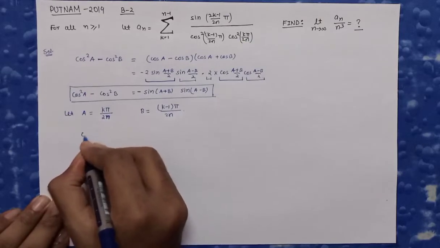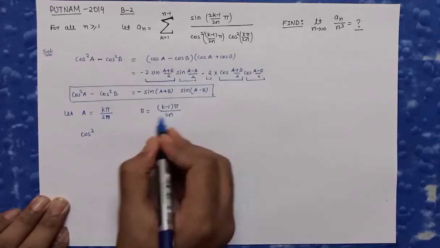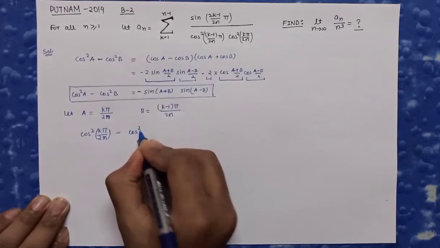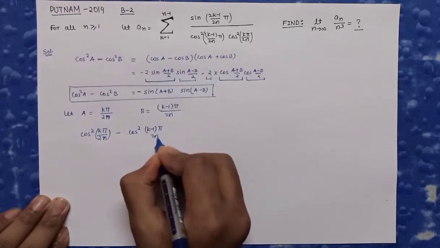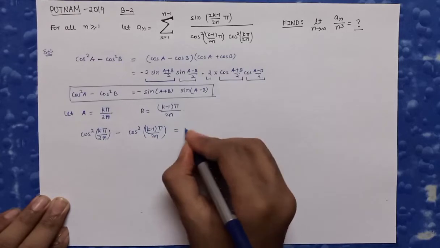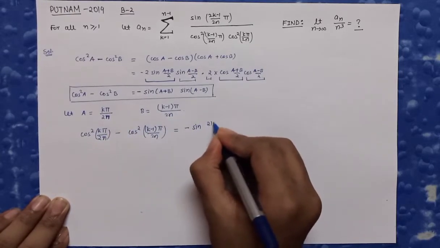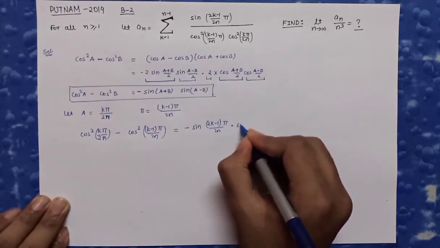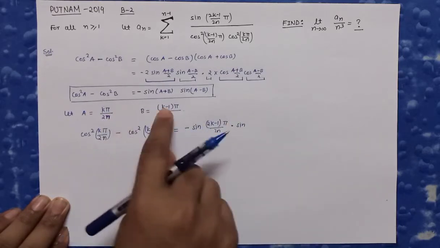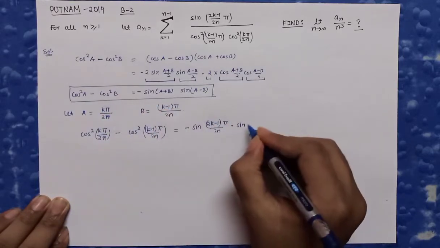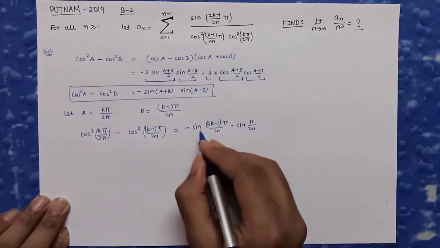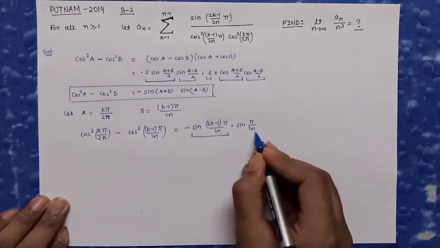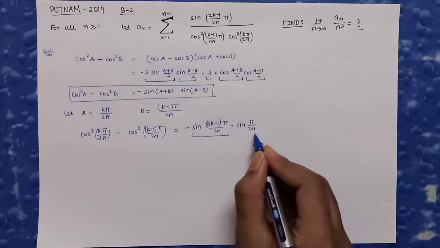So what I will get is cos square(k pi by 2n) minus cos square((k minus 1) pi by 2n) equals minus sin of the sum, which is (2k minus 1) pi by 2n, multiplied by sin of the difference, which is k pi minus k pi plus pi, by 2n. Okay, so I have got the value of this in terms of cos square, and this is a constant, because sin(pi by 2n) is a constant term since n is a constant.